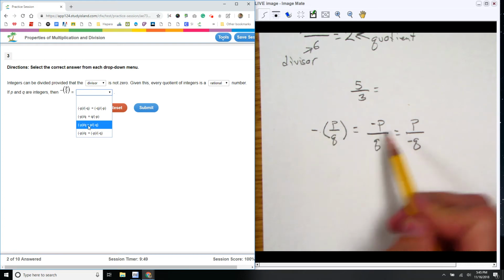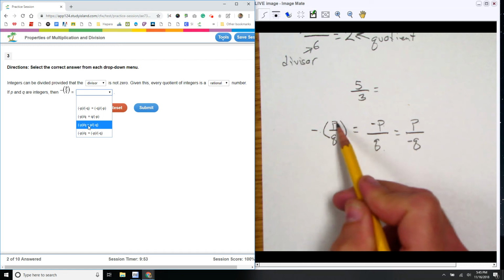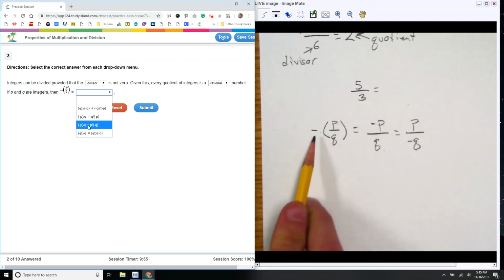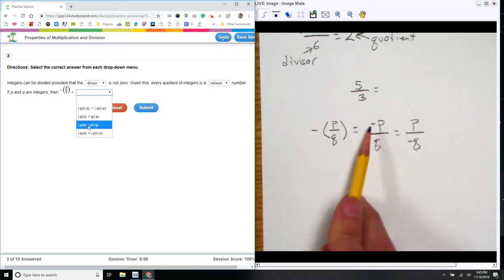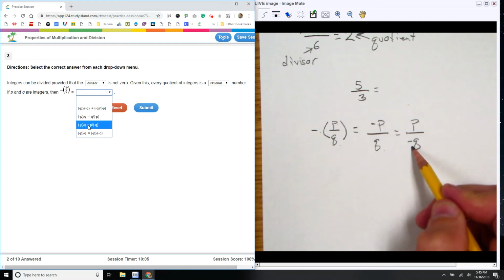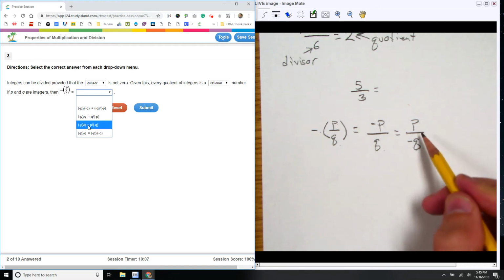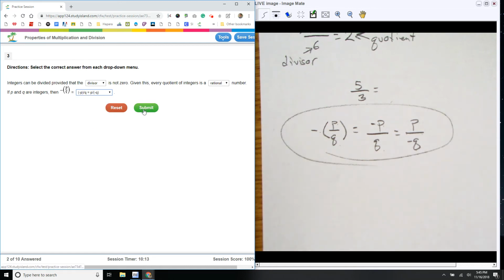A negative fraction is equal to the negative divided by positive or positive divided by negative. But either way, it's p over q. It doesn't matter if the negative symbol is out in front, saying the whole thing is negative, or if the negative sign is in the numerator, saying the numerator is negative, dividing by a positive denominator, or if the negative is in the denominator, saying we have a positive numerator dividing by a negative denominator. These three things are all equal, and it's that answer that says so.